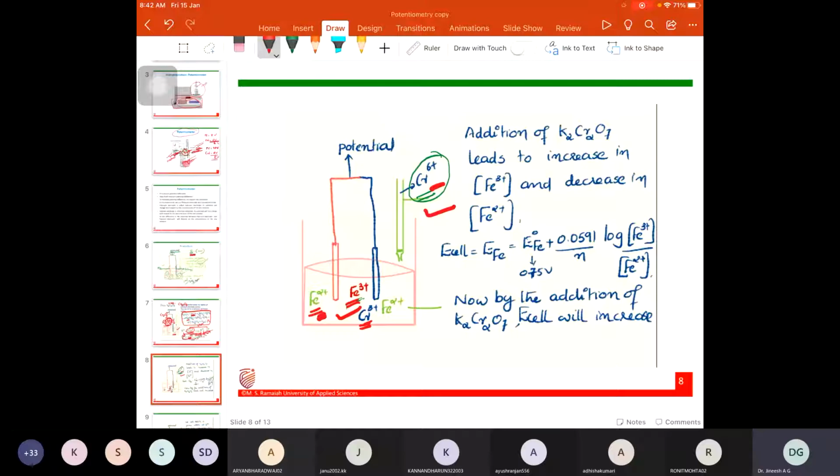Fe has two types of ions, one Fe2+, one Fe3+. So it can generate potential. The potential generated by this cell, because we have two electrodes, that's why I call it a cell, is entirely due to Fe. So I can write a Nernst equation. All of you know what the Nernst equation is, right? So can I write a Nernst equation like this now?